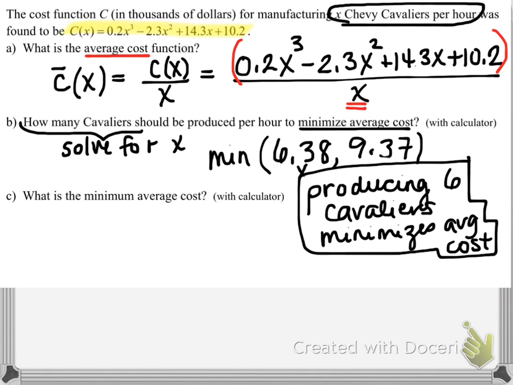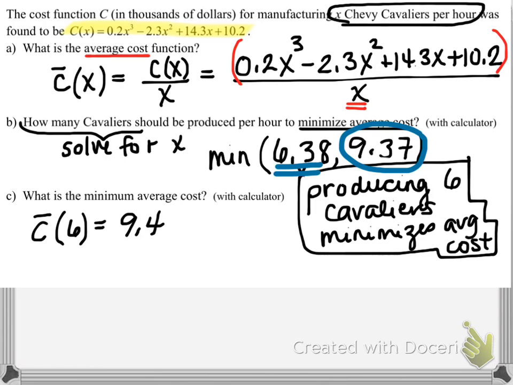Now part C asks for the actual minimum average cost. We had a y value of 9.37, but we said you can't really produce 6.38 Cavaliers. So we would not answer with 9.37, but rather the average cost when we produced exactly 6 Cavaliers, which we said earlier was 9.4.